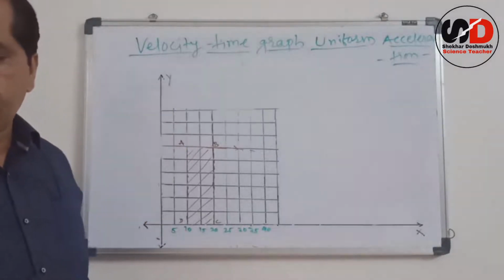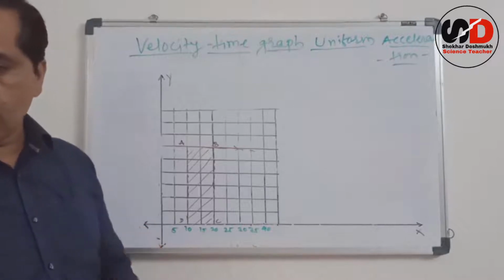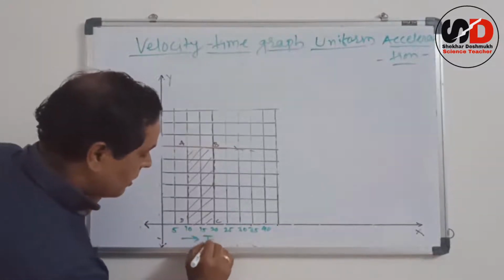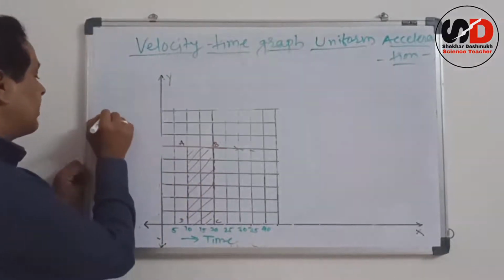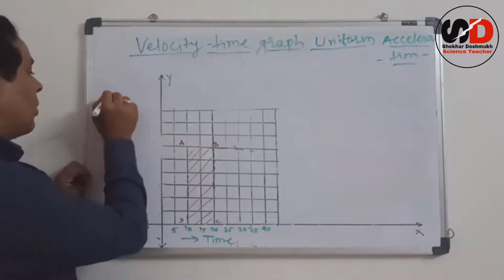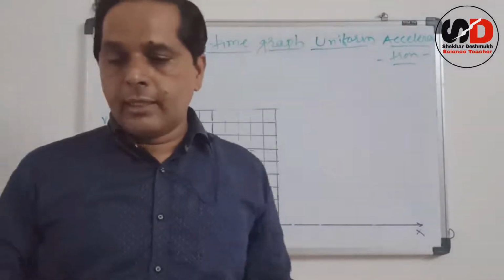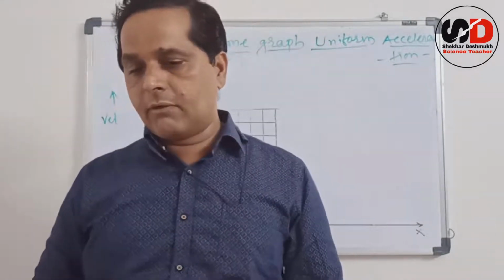That means the time period is taken on the x-axis, all these are in seconds. So time on the x-axis, velocity is given on the y-axis. And if we see the maximum velocity, it is 56.